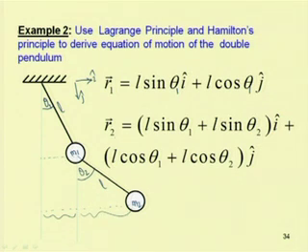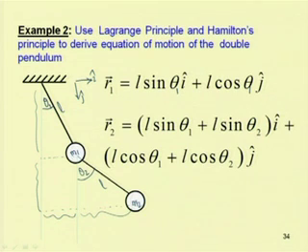So, the x component of the position vector is L sin theta 1 plus L sin theta 2 in I, and the vertical part is the addition of this part plus this part. So, this becomes L cos theta 1 plus L cos theta 2 in j. In this way one can find the position vector of the first point and the second point.